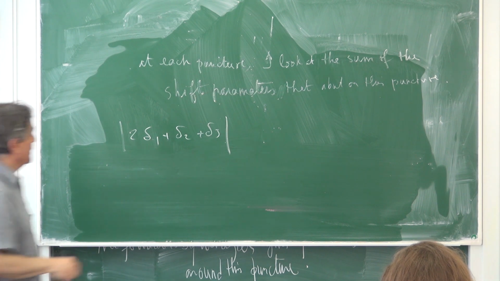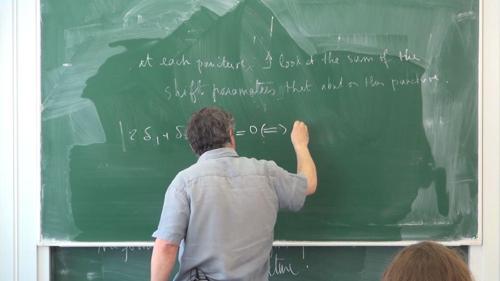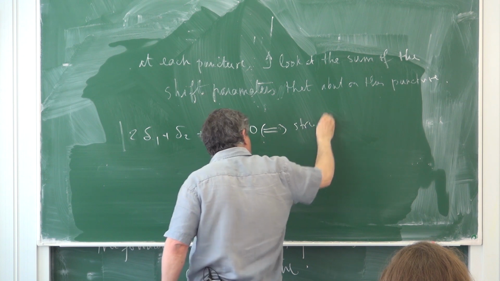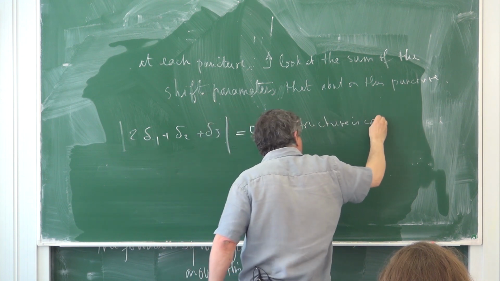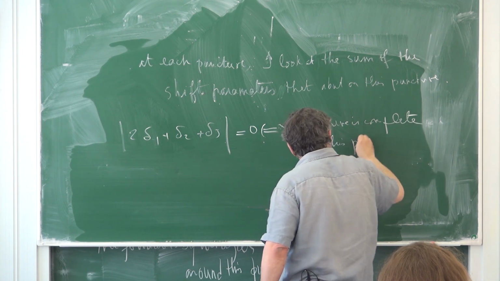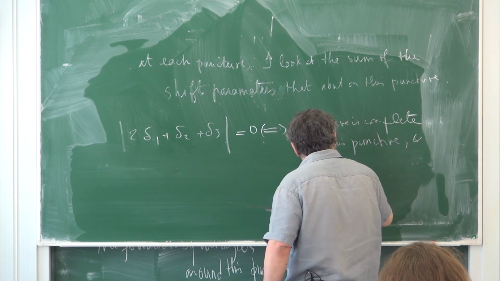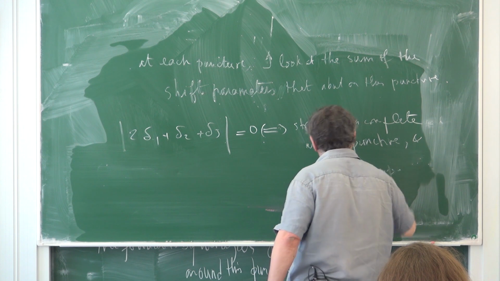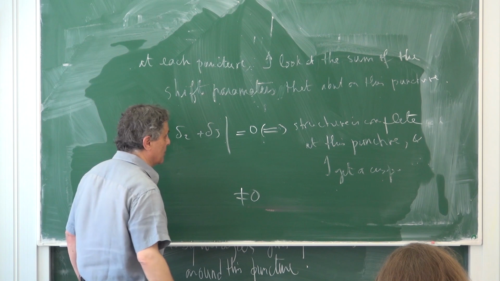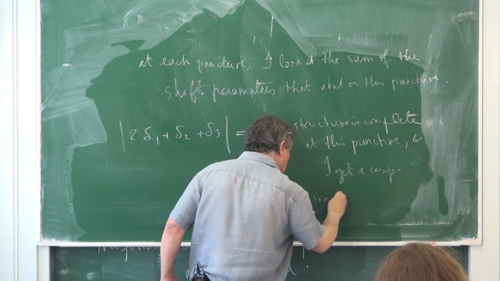So this is 0 if and only if the hyperbolic structure is complete at this puncture and I get a cusp. And this is different from 0 if and only if the structure is not complete.